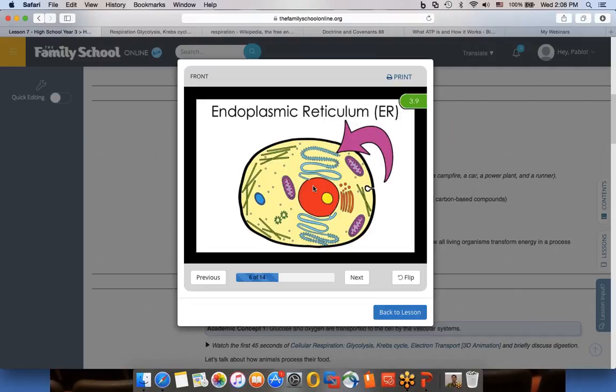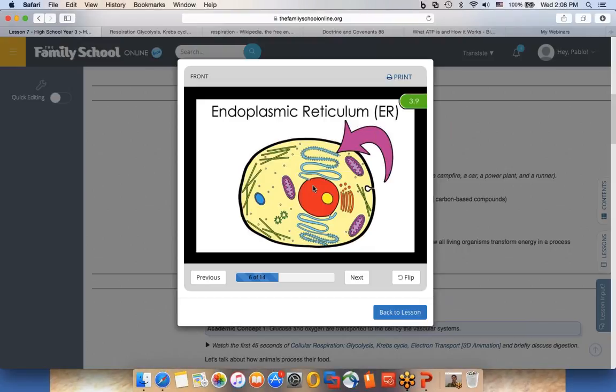What does the ER process? We had two types of ER. One was the rough ER, and the other the smooth ER. What does the rough one have?